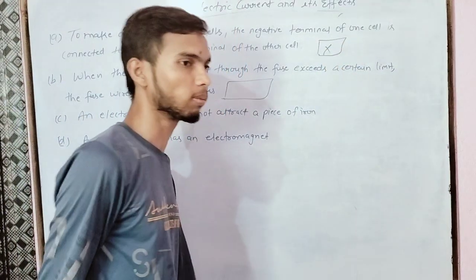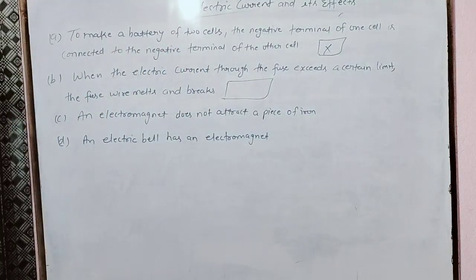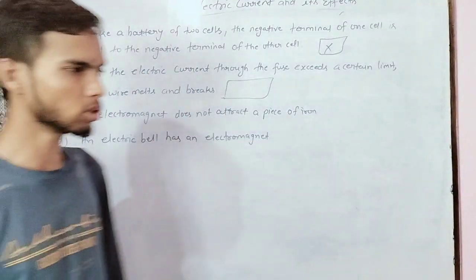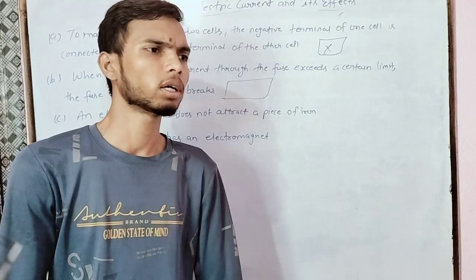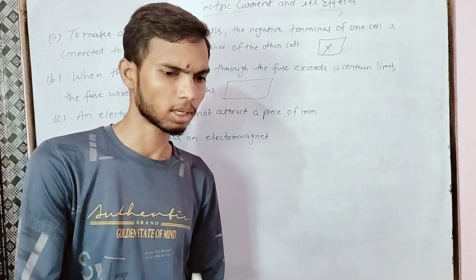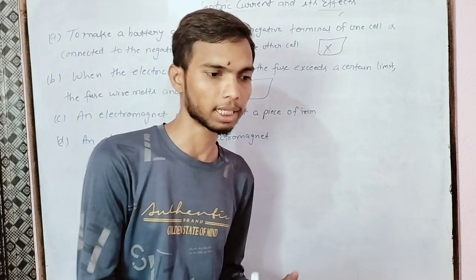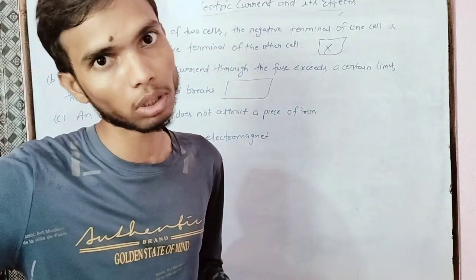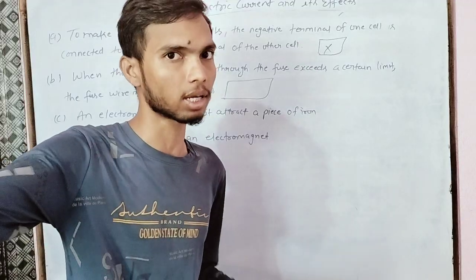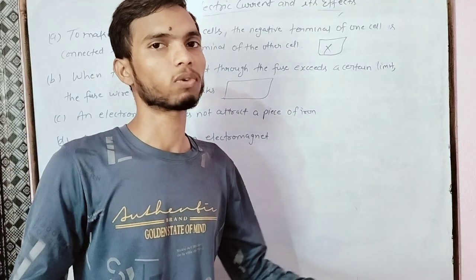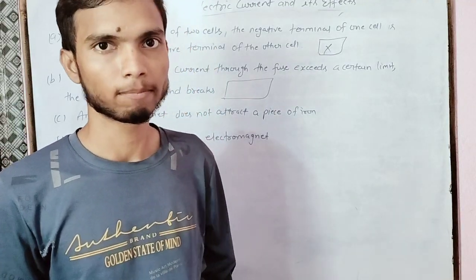It will not form a battery because a terminal of the cell, which is negative, is connected to the negative terminal of the other cell. So that's why it will not form a battery.